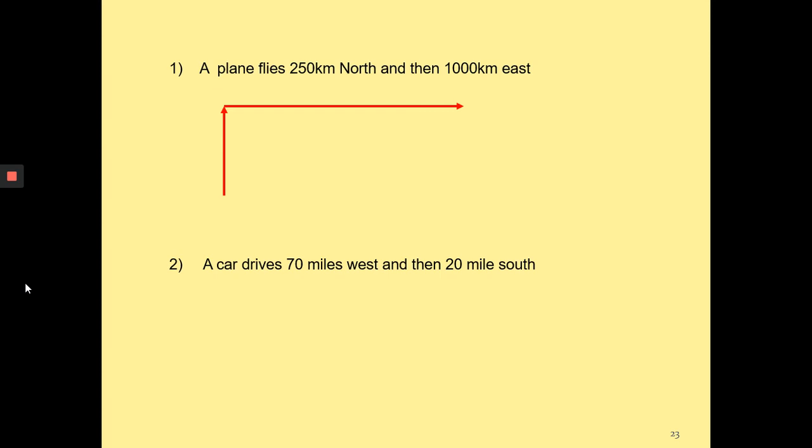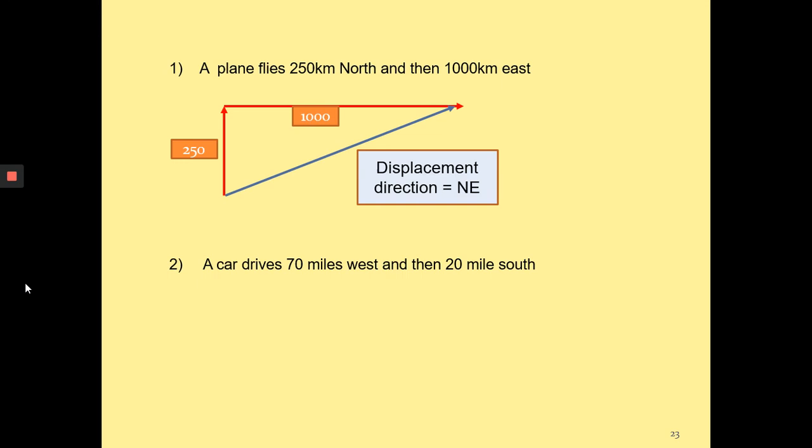But because they haven't asked you to measure the displacement, a rough estimate is good enough. Now I put on my measurements and finally my displacement arrow. And remember, it's got to go from the start to the finish point. And direction-wise, that's up and to the right, and so that's northeast.